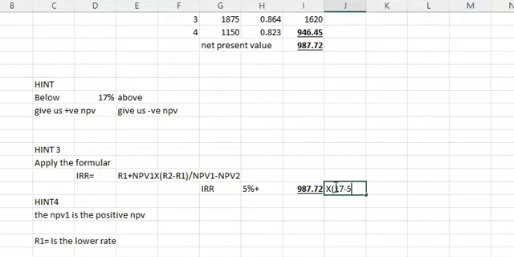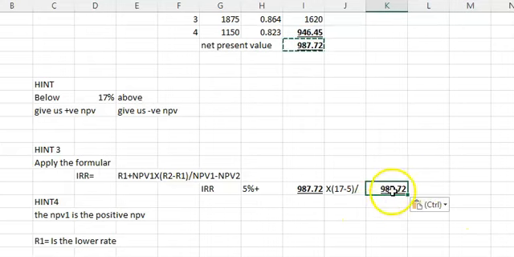That is in percentage. Over, we said everything should be divided by NPV1, the positive one. This one. The NPV1 is this one.